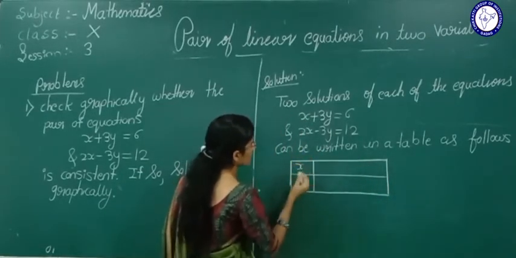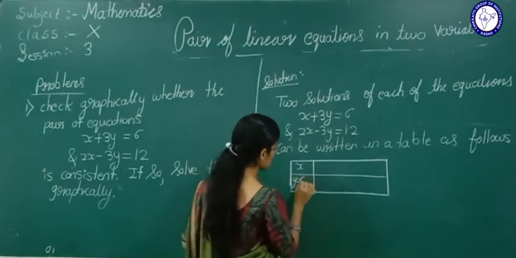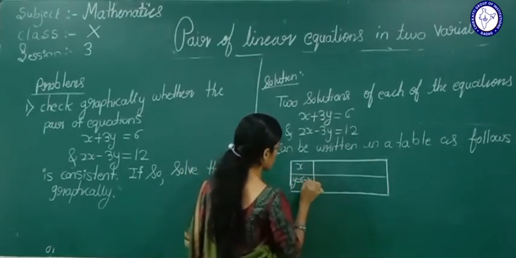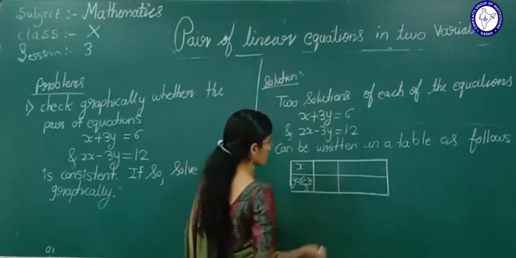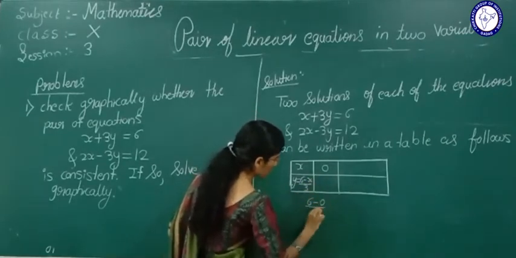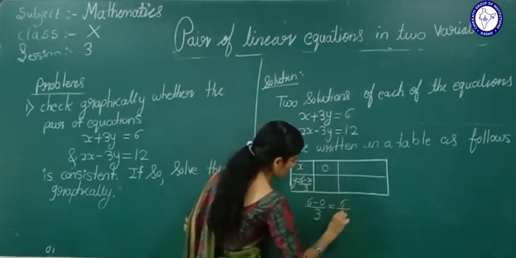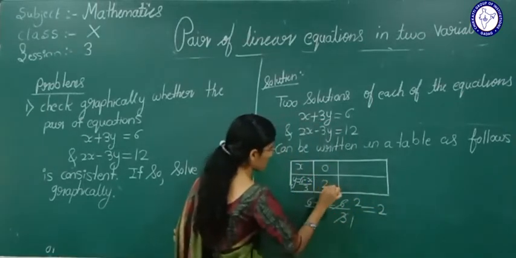Here we have to find x and the corresponding y value. y is equal to 6 minus x by 3. Now when the x value is 0, what is the y value? 6 minus 0 by 3, that is 6 by 3, which is 2.